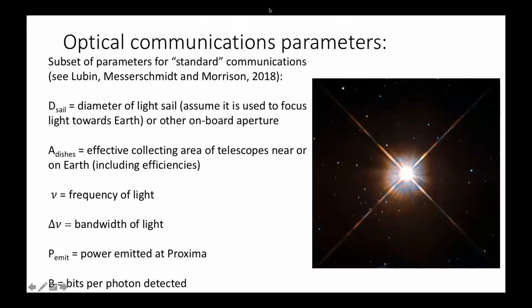So, let me address the question of the background. There are 2 potential answers. The first one is that the probe is traveling through the star system, Proxima or Alpha, but Proxima, we're going to go to Proxima, which is fainter, but it's moving transversely with respect to it on the sky at approximately 25 kilometers per second.